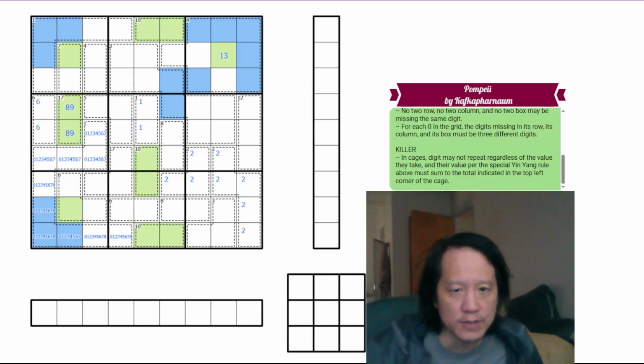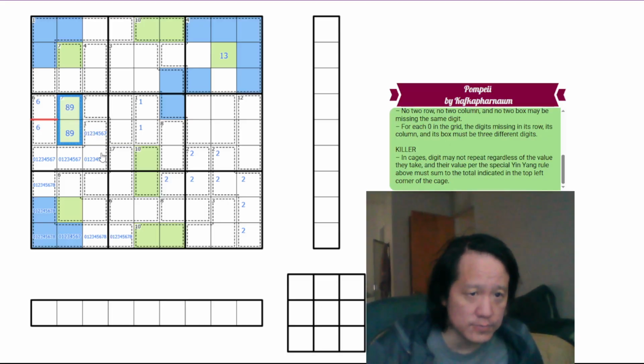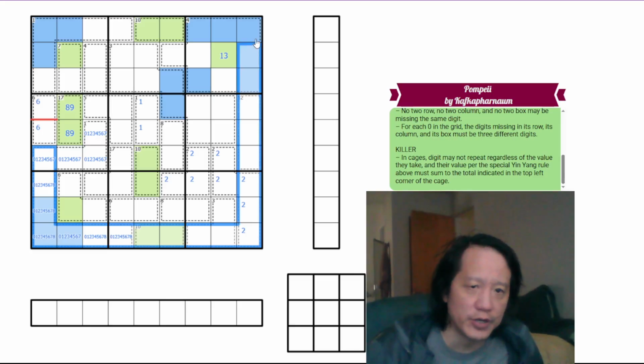Oops, let's make it red. Do we have any other area that's like that? I don't think so. Technically, this could be one size and that's it, right? It could be like all blue here. That's possible.